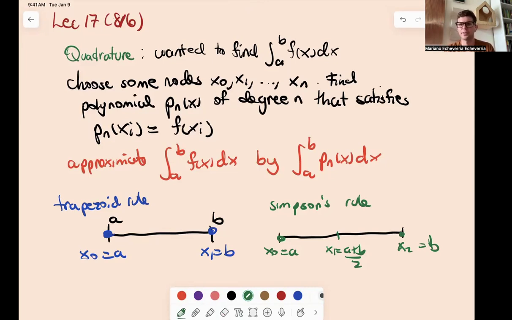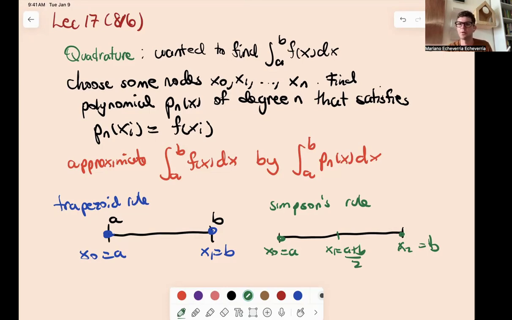Instead of 3 nodes, you use 4 points or 5 points, 6 nodes, equally spaced if you wanted. Conceptually, there's not much of a difference between understanding trapezoid and Simpson's versus understanding what you would do with 100 nodes. It's the same idea throughout.